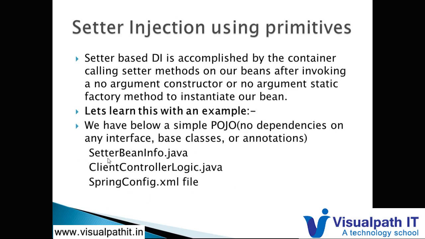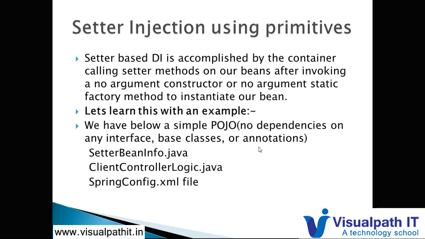For that we need to have a setter bean info.java. It's just a POJO. Client controller logic.java is the main function, and the Spring config.xml file is the XML configuration file. So let's have these three codes now and understand the setter injection using primitives.